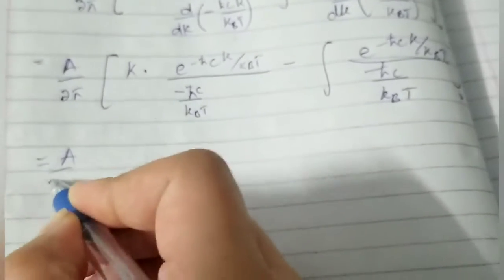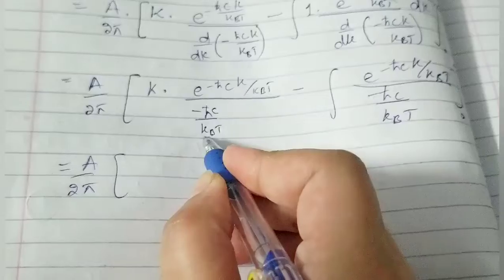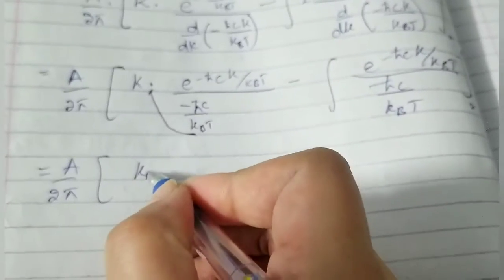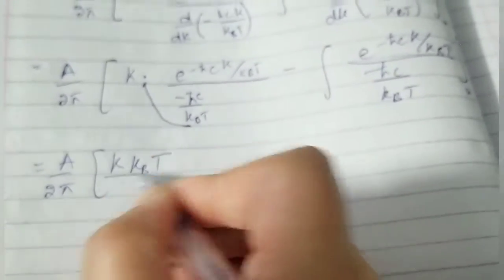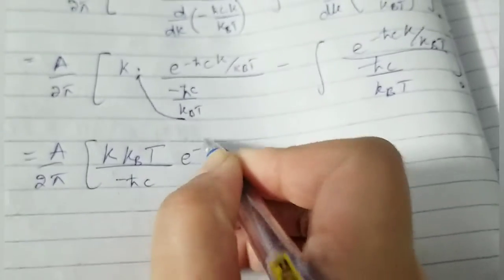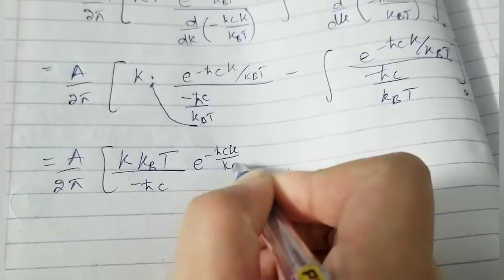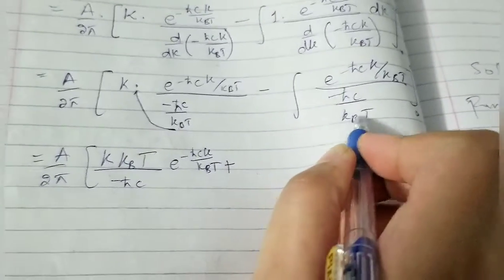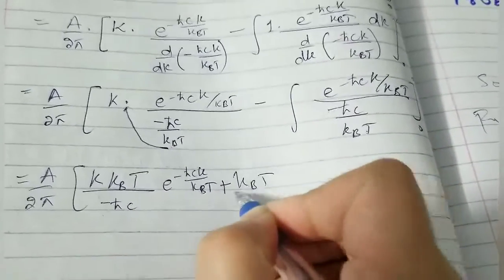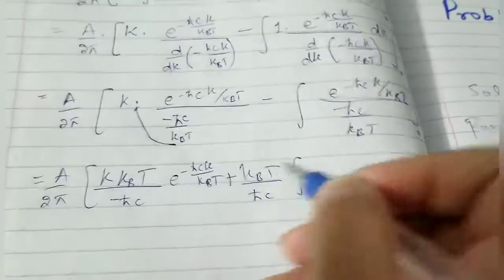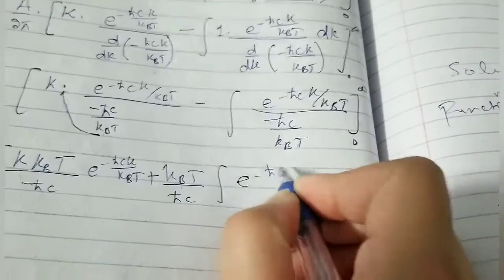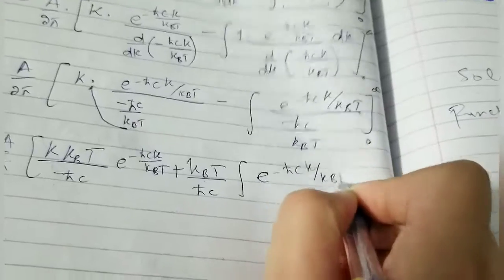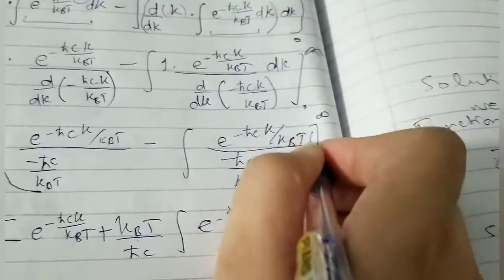Then it's A by 2π. This will come in the numerator: k_B T, k, minus ħc, e to the power minus ħc k by k_B T. This minus and minus multiplies and becomes plus, k_B T comes in the numerator and comes out of the integral because they are constants, and again we have this exponential term right here.